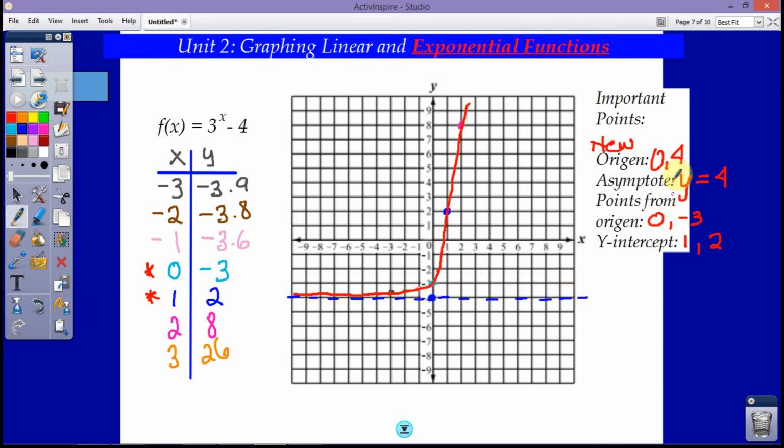Your points from the origin, oops, we forgot to put the other one. It's 0, 3, which is right there. We forgot the next one, which is right here, 1, 2, put the parentheses, (1, 2). And the y-intercept is this one again, oh my goodness, I made a mistake.